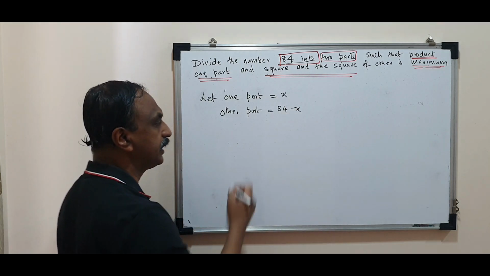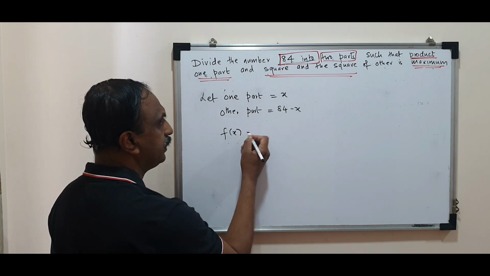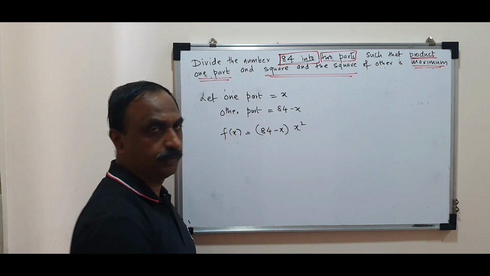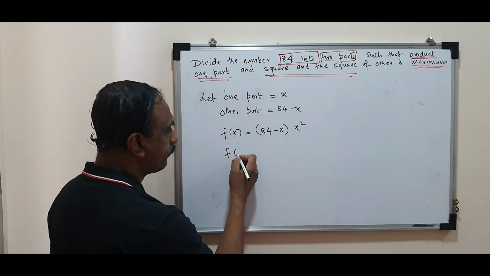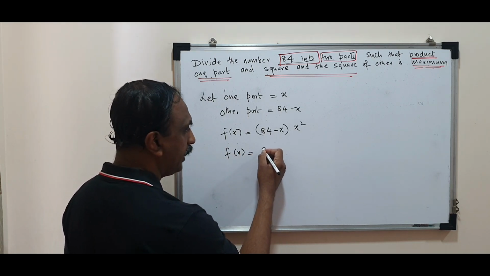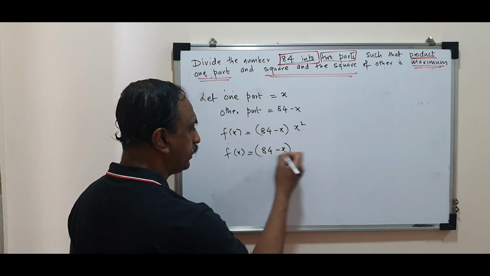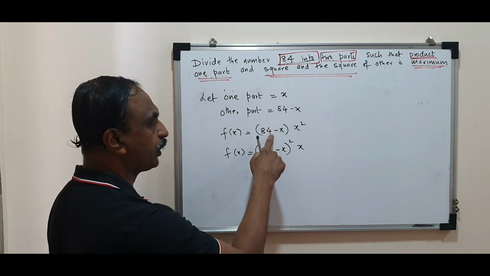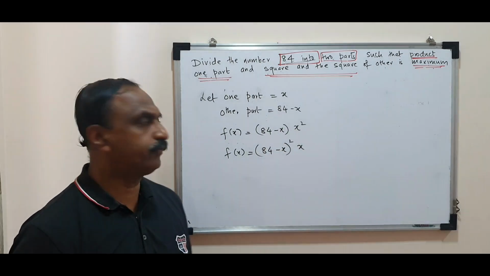So I have two options here. Either I can take 84 minus x into x square, this is one possibility, or I can take f of x equal to 84 minus x the whole square and x. So product of one part and square of the other. Both ways it is correct.